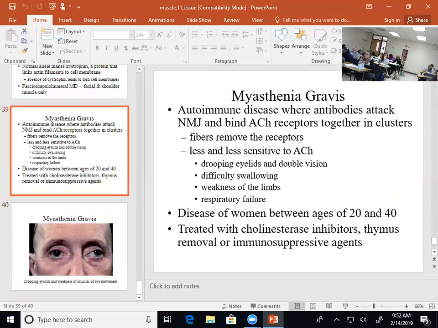You can go years without the right diagnosis because the symptoms can be kind of mild. But what we know is these receptors are going to be blocked because of the immune system. So with that, it's going to cause some paralysis, and it can come on really slowly, and it can go into remission. Just like most autoimmune diseases, it can be exacerbated for a little while and then go into remission for whatever reasons.